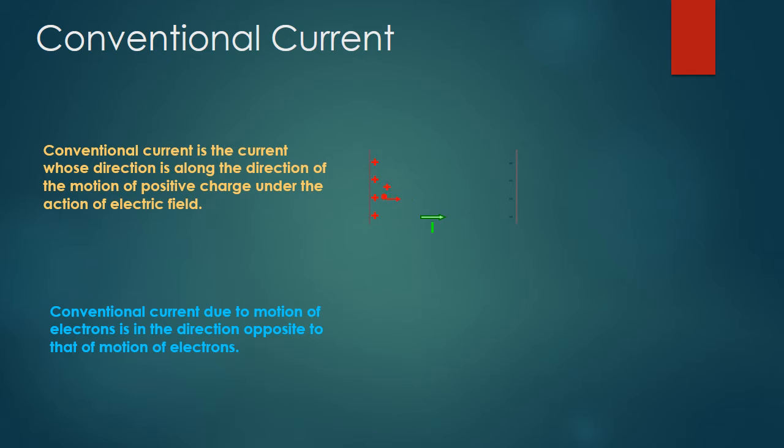So in general we say that charges flow from higher potential to lower potential, but actually the electrons flow from the negative terminal to the positive terminal through the conductor. That is, the actual current flows due to the flow of electrons, and conventional current is taken in a direction opposite to the flow of electrons.